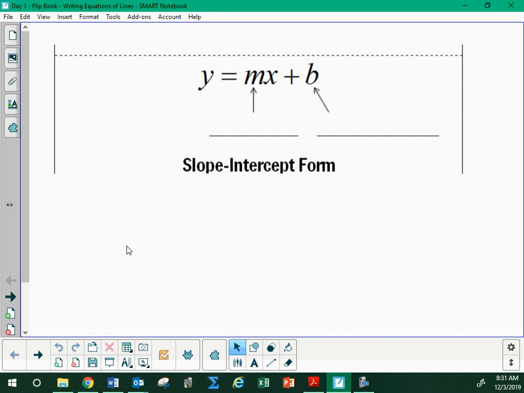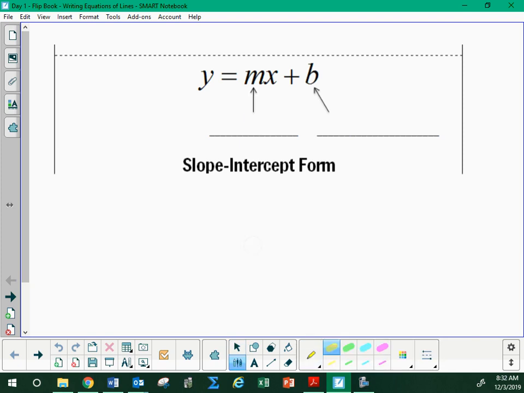Alright. So our foldable, we'll be using this for the next 3 classes. Today, just a reminder of what our slope-intercept form is, and then we're going to be writing this equation. This is called slope-intercept form. It gives us our slope and our y-intercept. This unit, we're going to be writing this equation when they give us different types of information. So this is our slope-intercept form, y equals mx plus b.